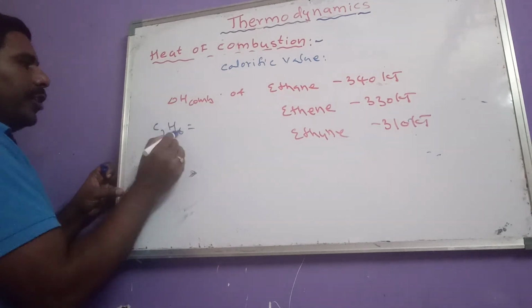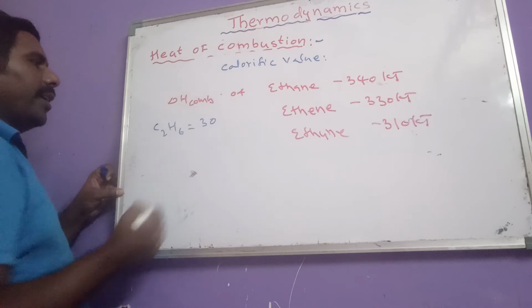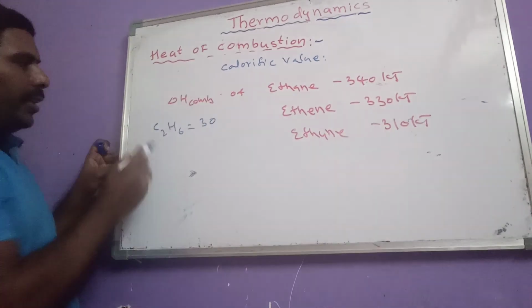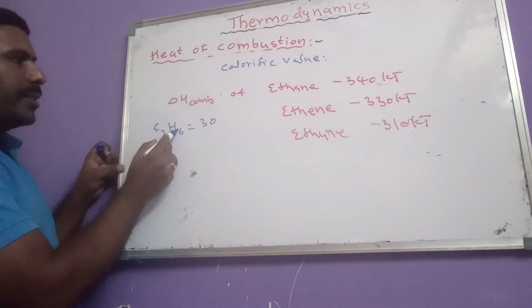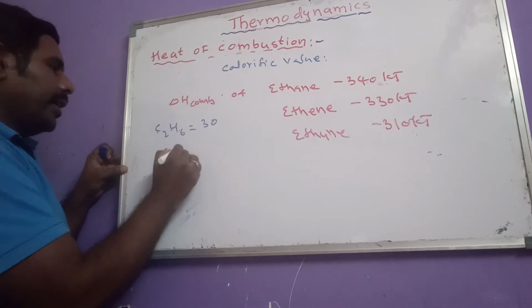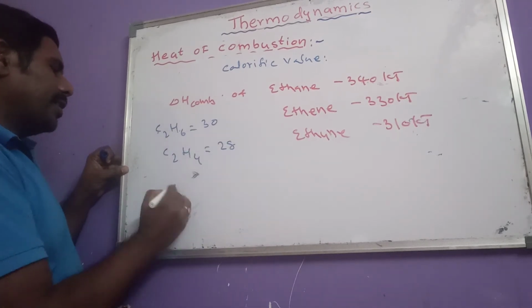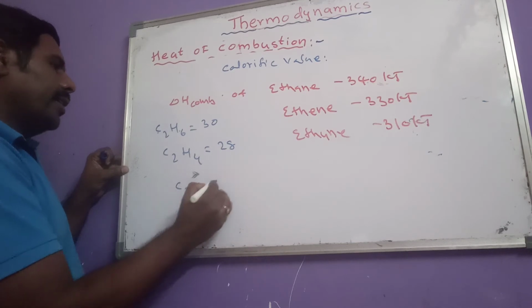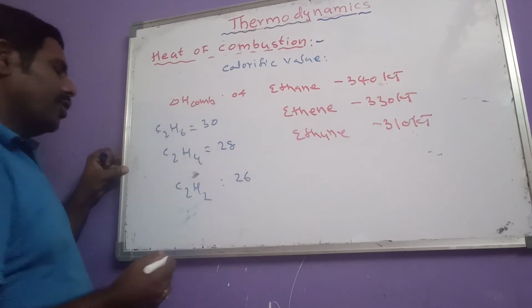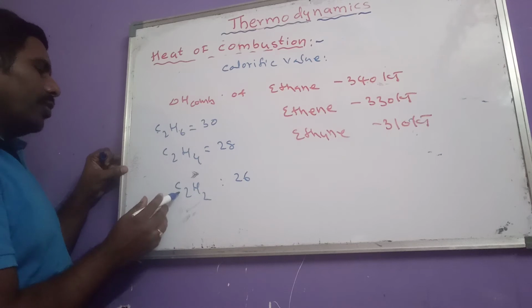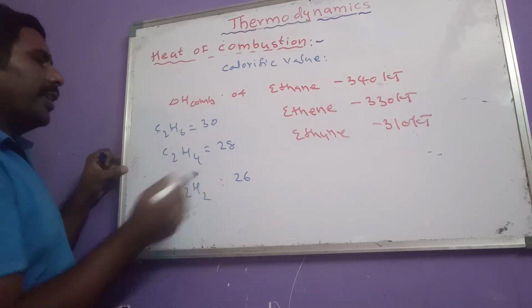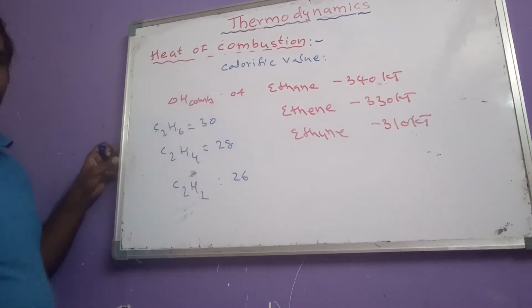Ethane, C2H6, its molecular weight is 30. Ethene's molecular weight is 28. And acetylene's molecular weight is 26, since 12 twos are 24 plus 2 is 26. So these are the molecular weights.